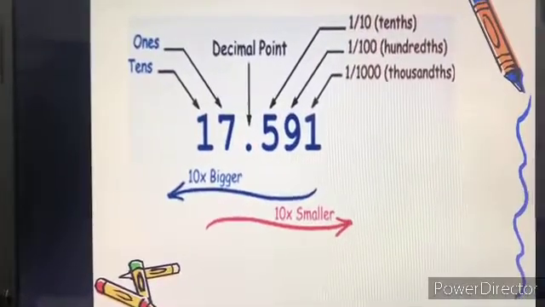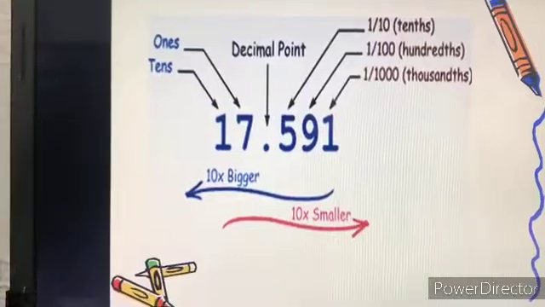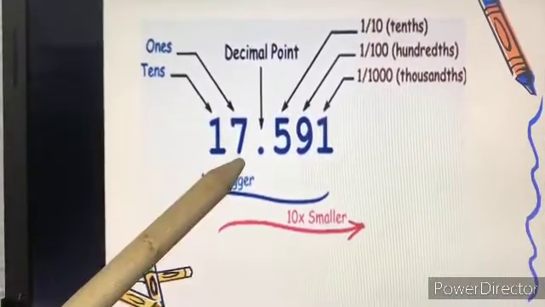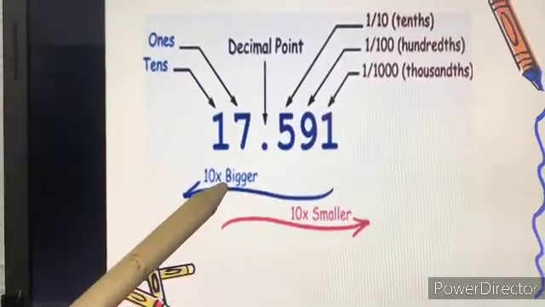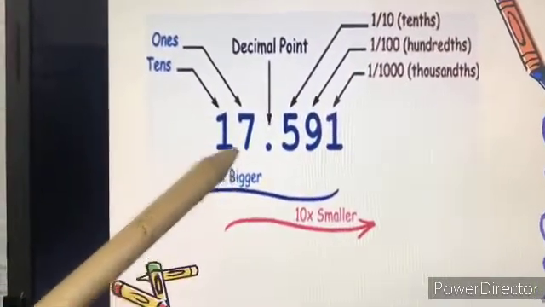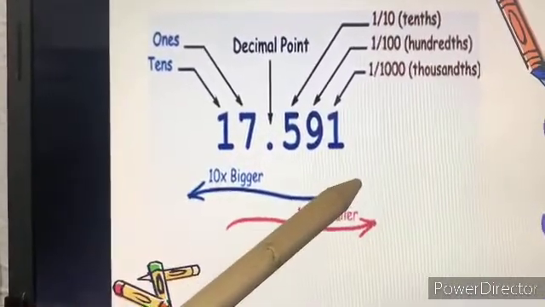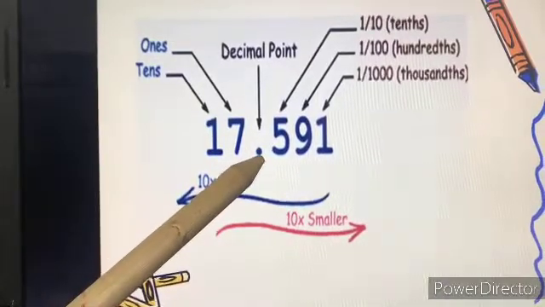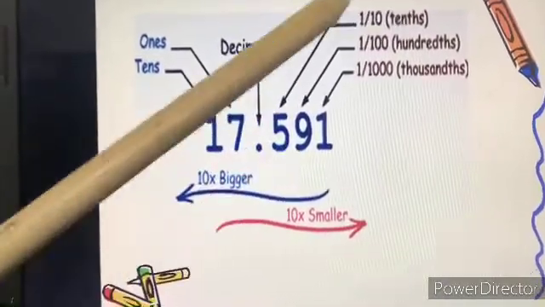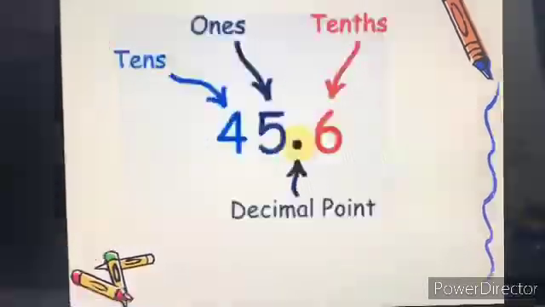When moving from ones, tens and hundreds places towards the left, the digits get 10 times bigger, and when moving from left to right, they get 10 times smaller. Means after the decimal, the digit becomes 1/10th, 1/100th and 1/1000th.